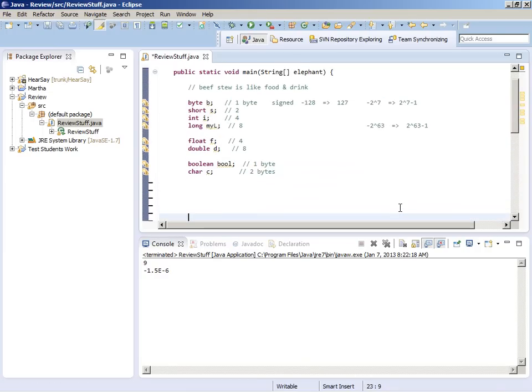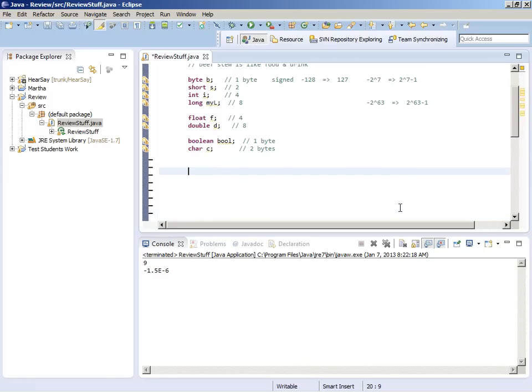Okay, so operators. Let's just make a summary of the operators that are in the language. The arithmetic operators are plus, minus, multiply, divide, and modulus, and you're thinking, oh my gosh, he's going all the way back there. There are things about the operators that you don't know. I'll bet you a dime. Greater than, less than, greater than or equal to, less than or equal to, and not equal to.